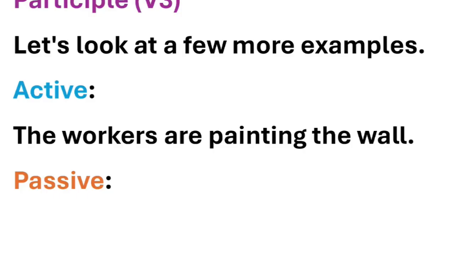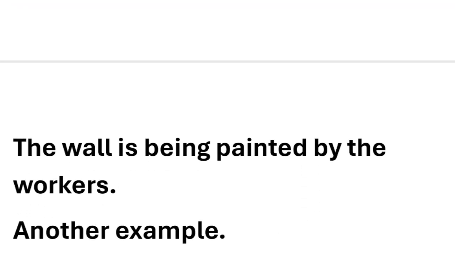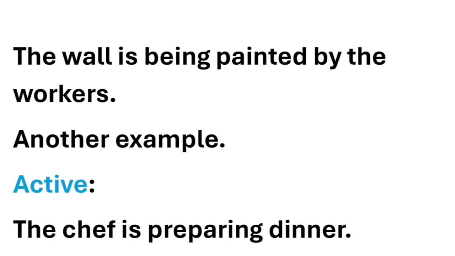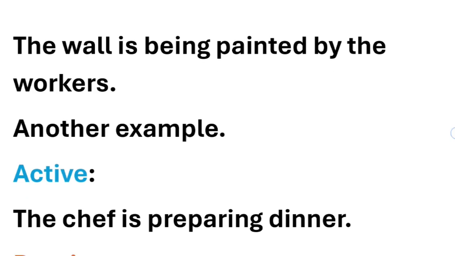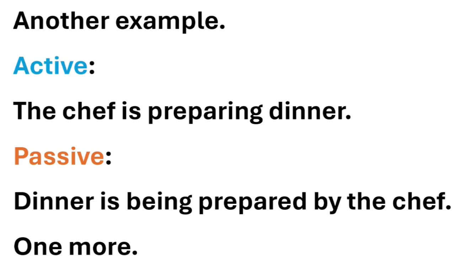This object will become the new subject of passive. So the object will become new subject, and the subject, which is the workers, will become the new object of passive. Let's look at this passive. The wall is being painted by the workers.